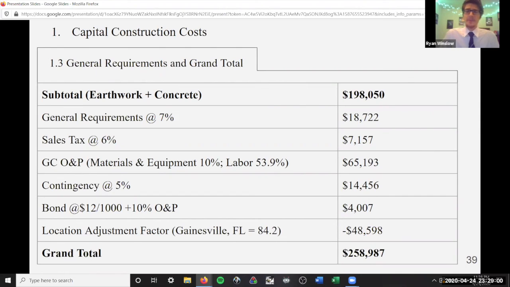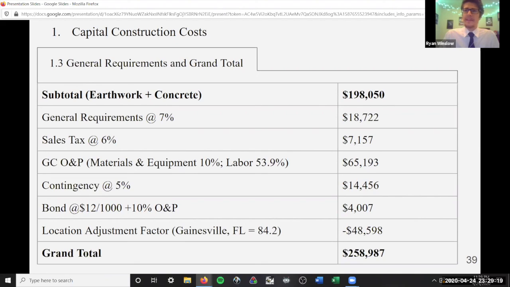Adding to this subtotal, we must include general administrative requirements at 7%, a sales tax at 6%, a general contractor's overhead and profit rate for materials and equipment of 10%, and a rate for labor at 53.9%.